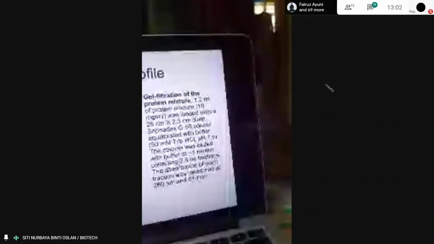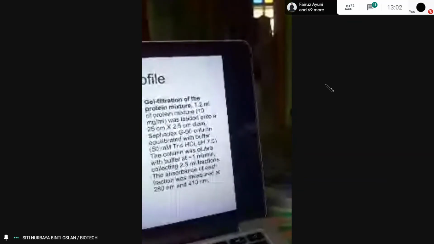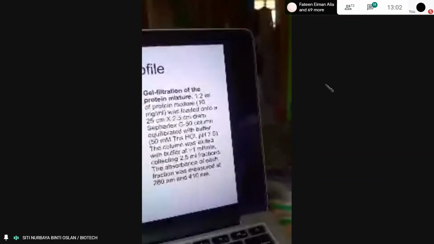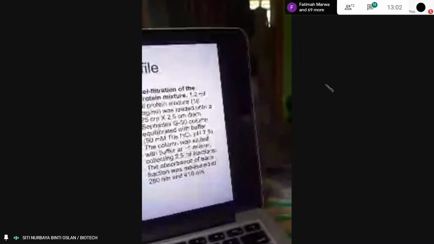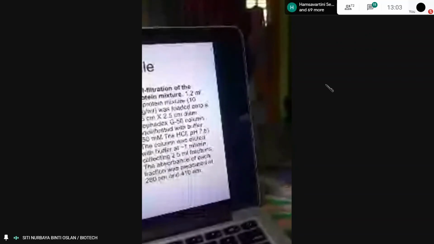But remember, we also have this small peak. That's why they are checking the activity from here to the last fraction. Maybe the one they are expecting is this tube.